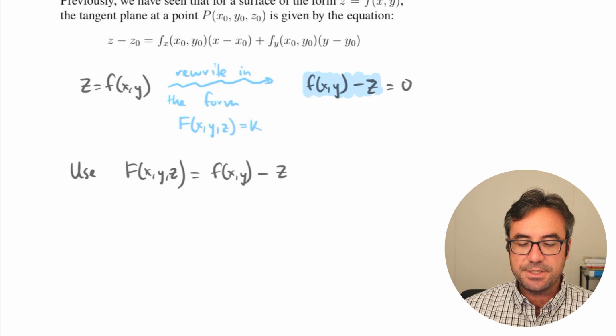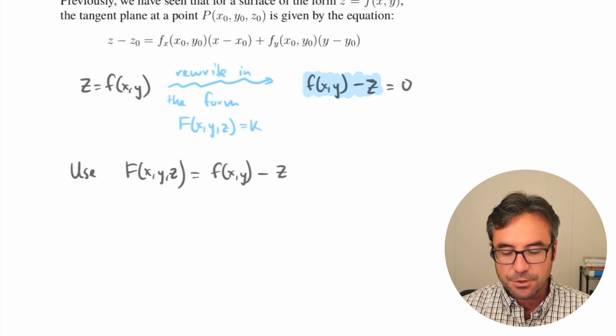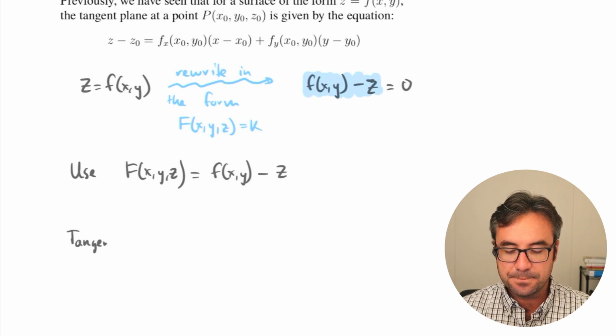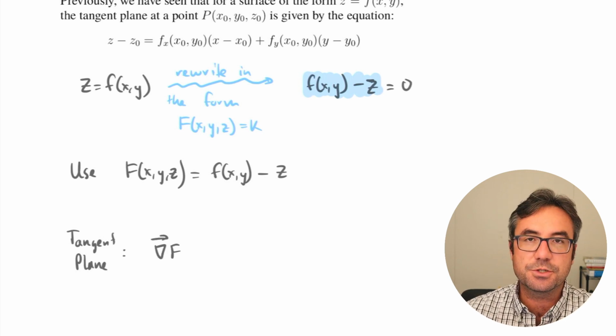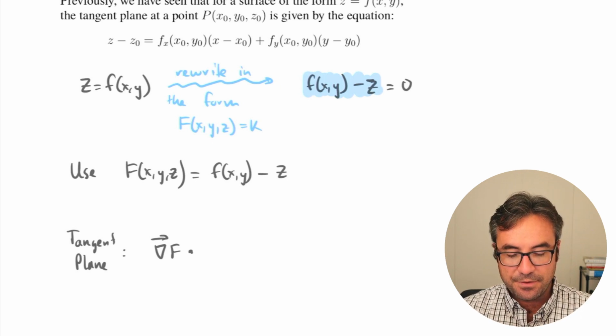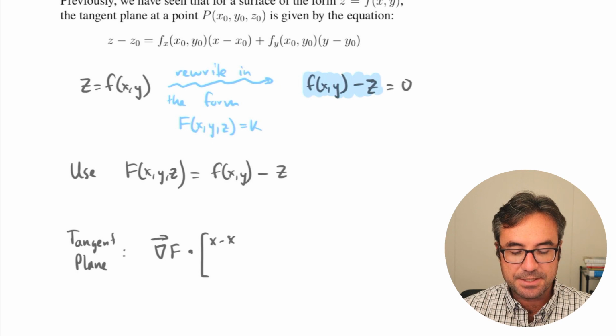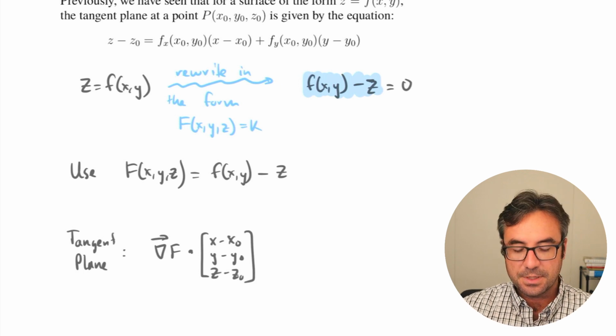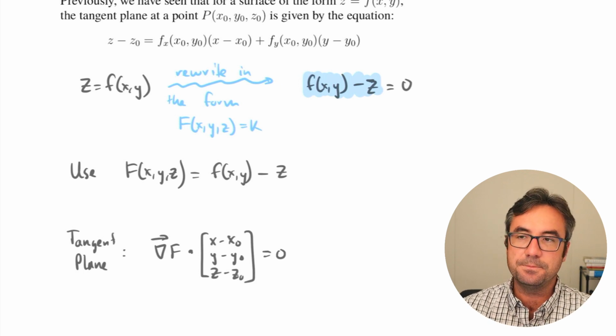So the tangent plane then is going to be the gradient of this function capital F dot product with the vector x minus x0, y minus y0, and z minus z0, all set equal to 0.